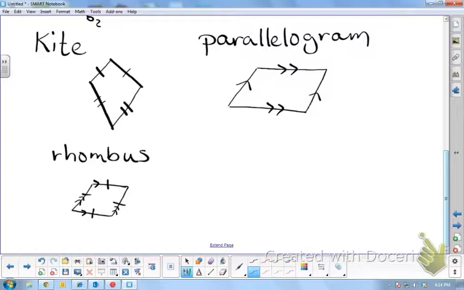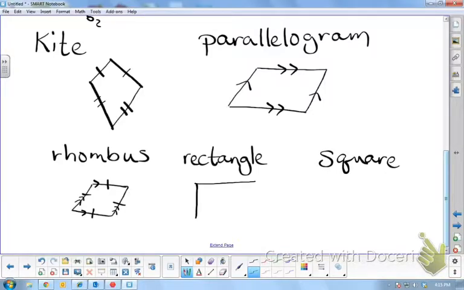And the last 2 quadrilaterals are easily recognizable. We have a rectangle and a square. So a rectangle, the 2 sides across have to be the same length. 2 sides, top and bottom, have to be the same length. And now we have to have 90-degree angles in every corner.